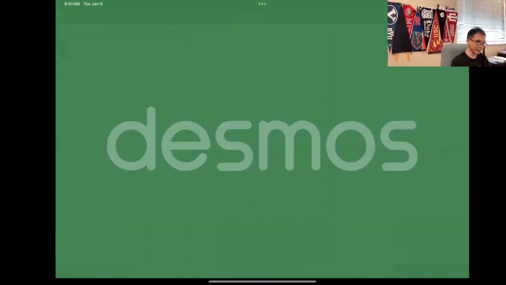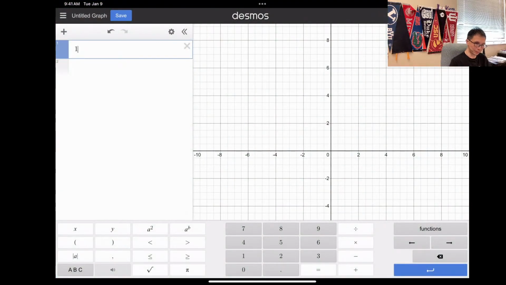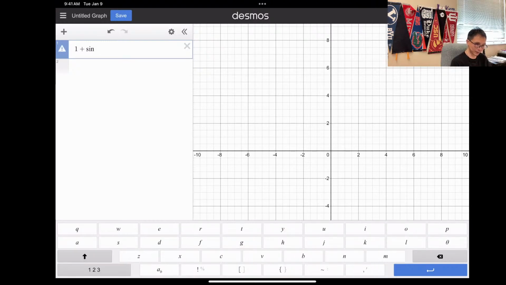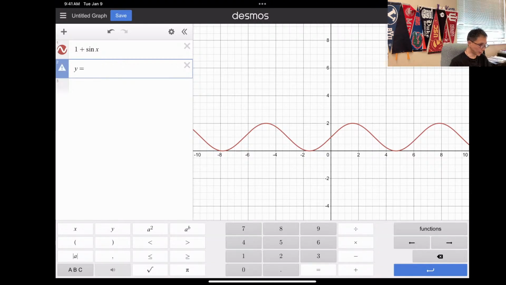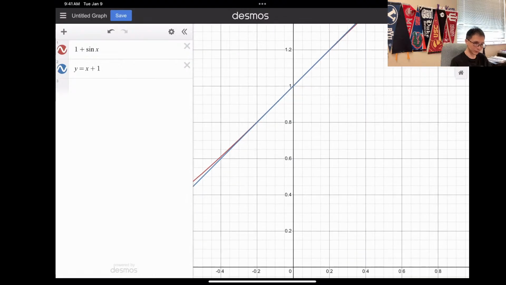Ideally, this one is 1 plus sine of x, and this one is y equals x plus 1. If you look here, from negative 0.1 to positive 0.1, the evaluation is almost very, very similar. Let me show you.